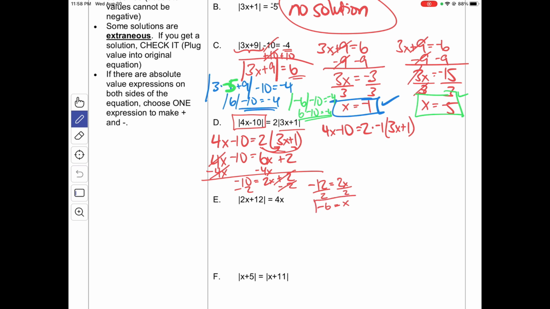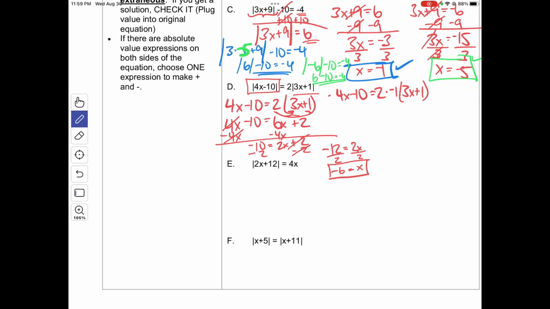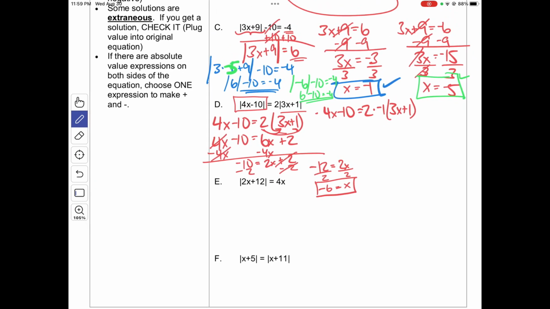So we'll go ahead and put a box around that for now. And let's see what we have next if we solve this version of the equation. Again, we have a distributive property on the right-hand side that needs to be done.